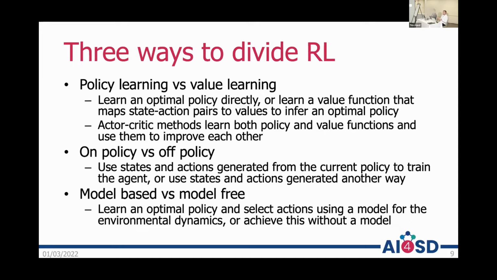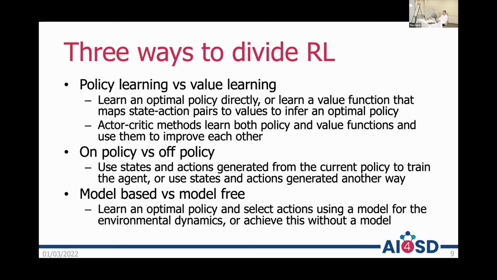So how much you think each action is worth in the state, and then you can infer the optimal policy from that. There's a subset of policy learning called actor-critic, and this actually does both. It models the policy function and the value function and plays them off against each other to improve both estimates.